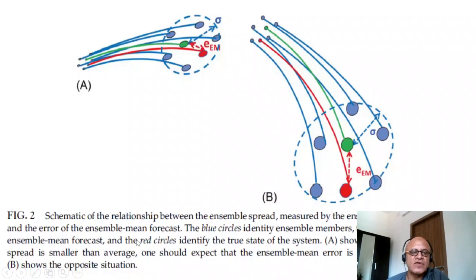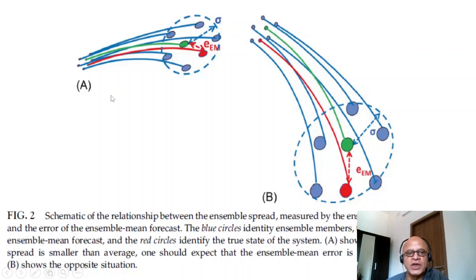And the other way to think of it is the schematic of the relationship between the ensemble spread, measured by the ensemble standard deviation, sigma, and the error of the ensemble mean forecast. The blue circles identify ensemble members, so we have initial conditions and final forecasts.